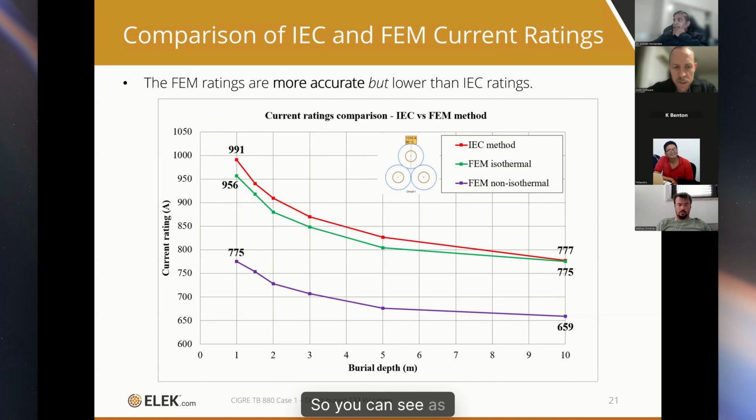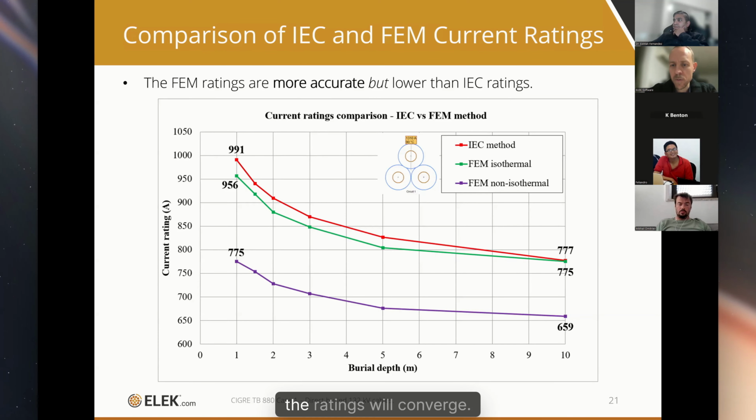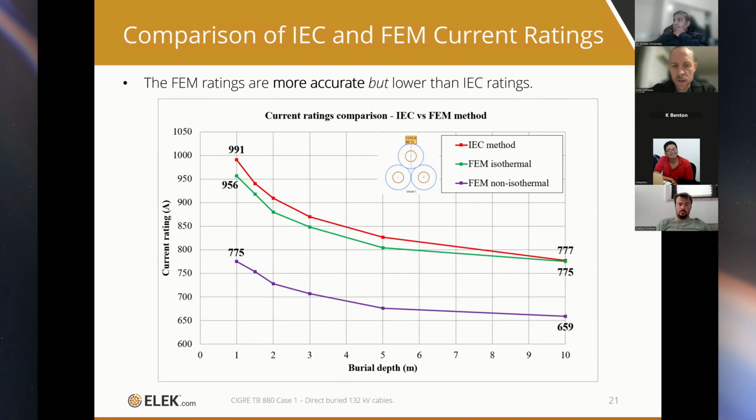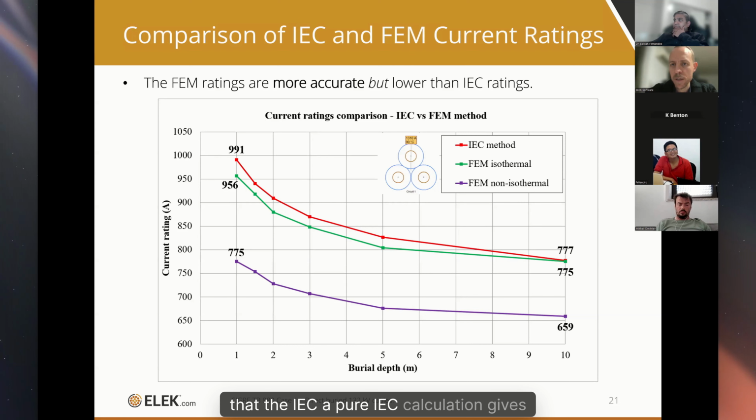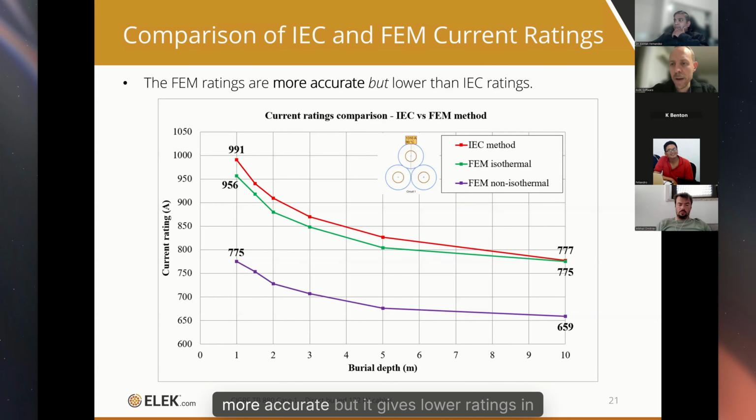You can see as burial depth increases, especially for the isothermal method, the ratings will converge. But again, you'll see that a pure IEC calculation gives optimistic current ratings compared to the FEM. FEM is regarded as being more accurate, but it gives lower ratings in general.